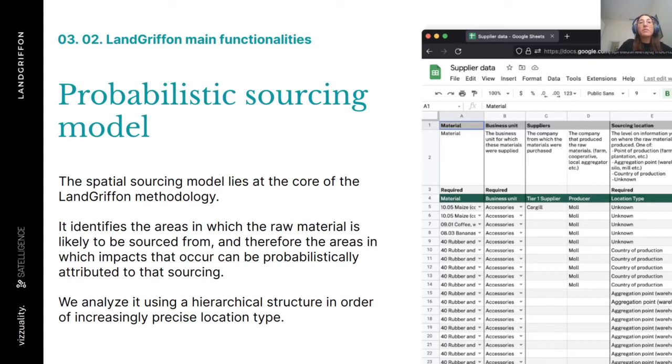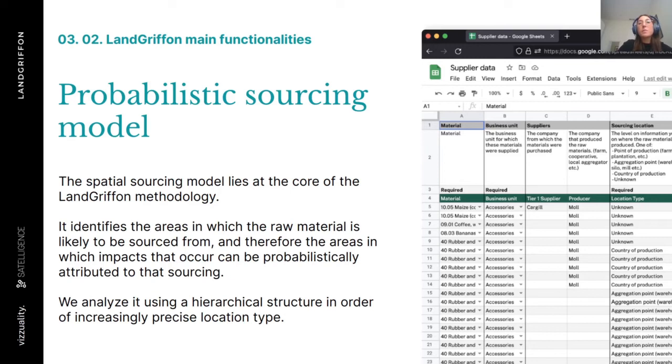At the core of LandGriffon, we have the probabilistic sourcing model. This sourcing model basically geolocates the procurement data and identifies the areas in which the raw materials are likely to be sourced from. As the information that companies have on the production of these raw materials will vary in detail, this geolocation will be based on a defined location type, which are the ones that I have presented in the previous slide.